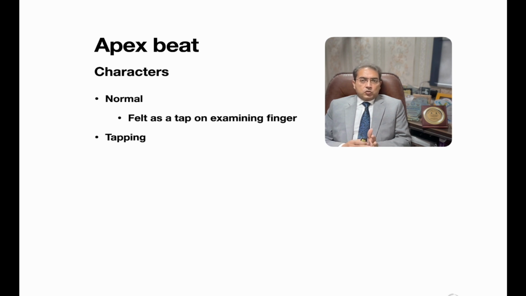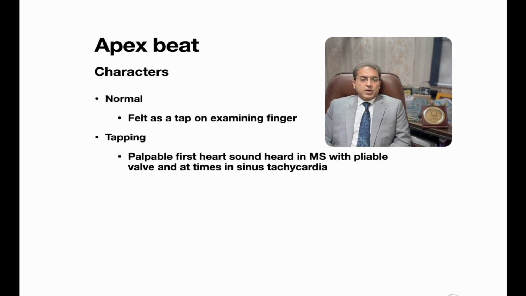So this gives you a loud tap on your examining palm, and once you've examined it, you cannot forget this feeling. This is seen in mitral stenosis with a pliable mitral valve, which is not calcified. If this starts getting calcified, this character starts fading and disappearing. So a loud first heart sound just indicates pliable valves. And this may sometimes be seen in patients who have tachycardia.